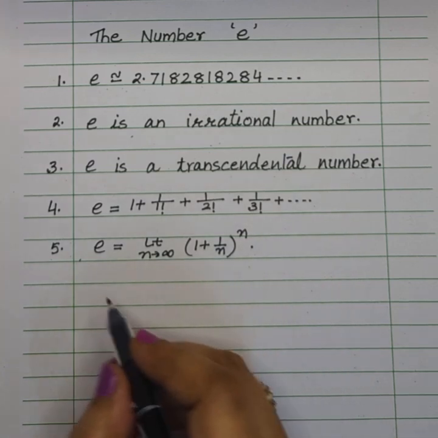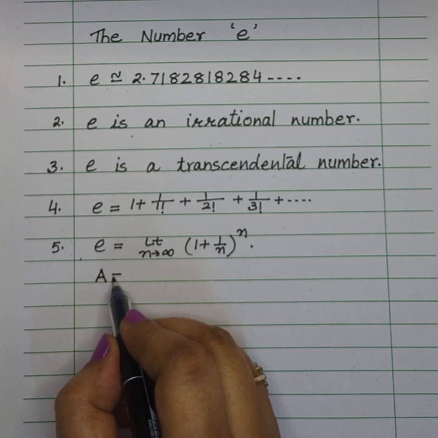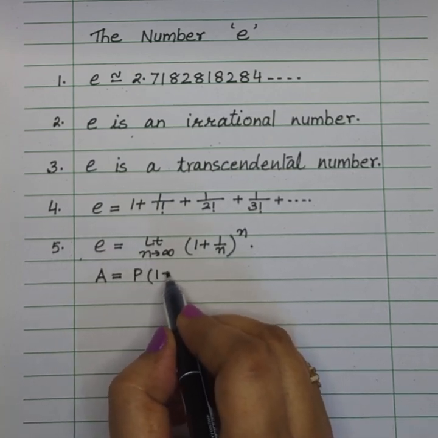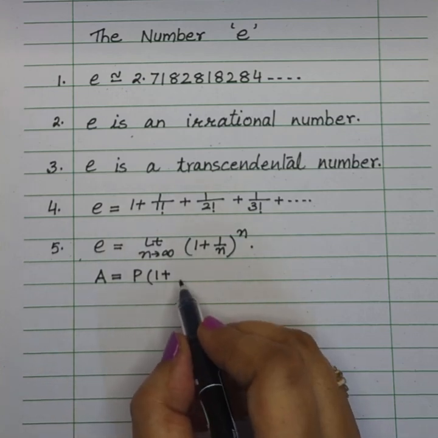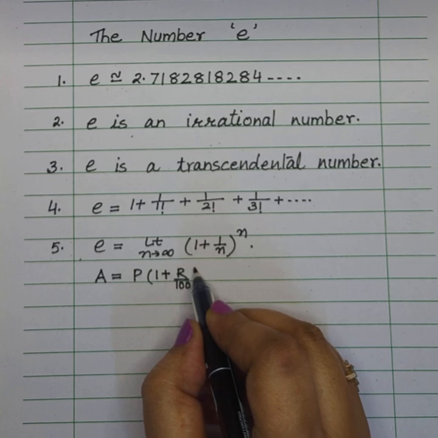So what we have to do, we use the formula of compound interest, which all students know. It is A is equal to P times (1 plus R by 100) raised to the power n.